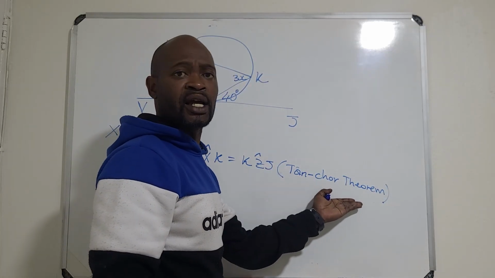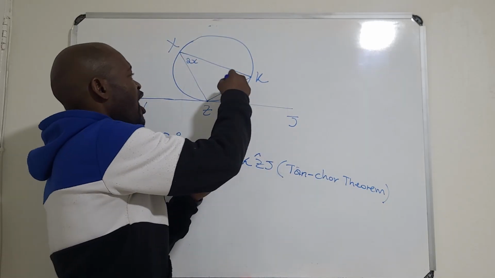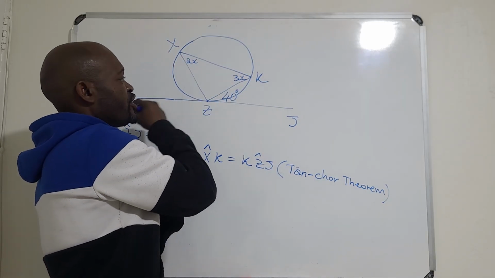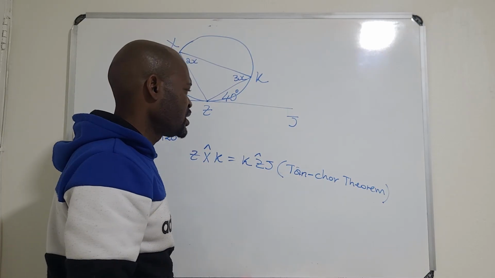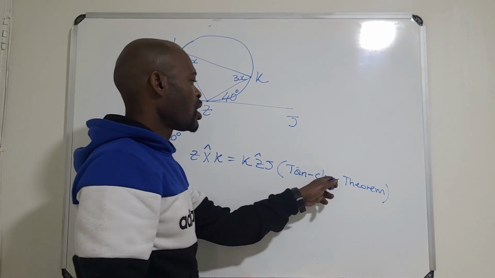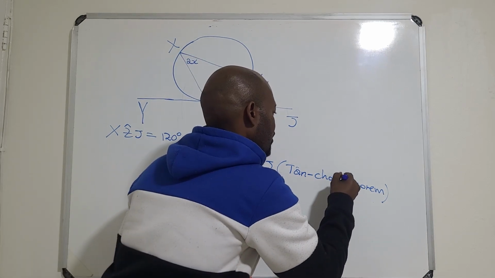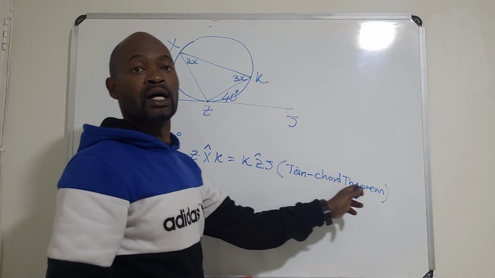We can just write it like that. No need to say the angle made by the tangent and the chord is equal to the angle in the alternate segment. As long as we said tan-chord theorem.